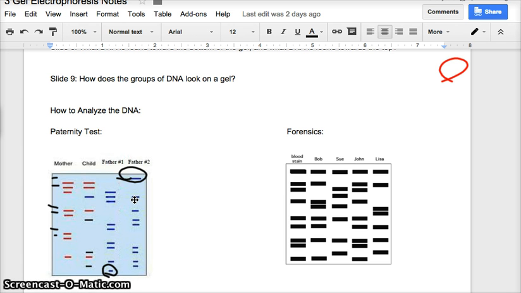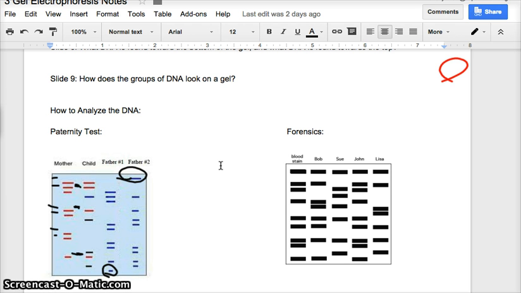So what we're going to do is compare the DNA. These red bands are all the DNA the child got from the mother. You see how they match up? That means these are the same genes, same DNA there. So the child inherited it from the mother, but remember, it inherits half of it from the father. Now we're going to look at the two dads. This child inherited this DNA, which could have been inherited from father 1 or from father 2, so we don't know yet which father it is.